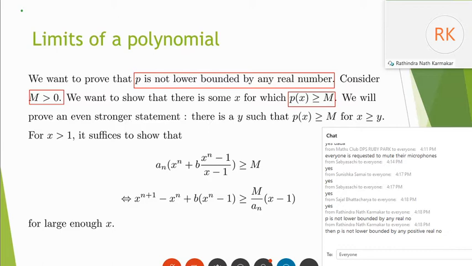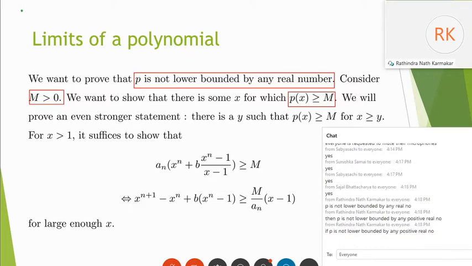Now to show equivalence, we have to show the other way around also. That is, if p is not lower bounded by any positive real number, then we want to show that p is not lower bounded by any negative real number or by zero also. So how do we do that?